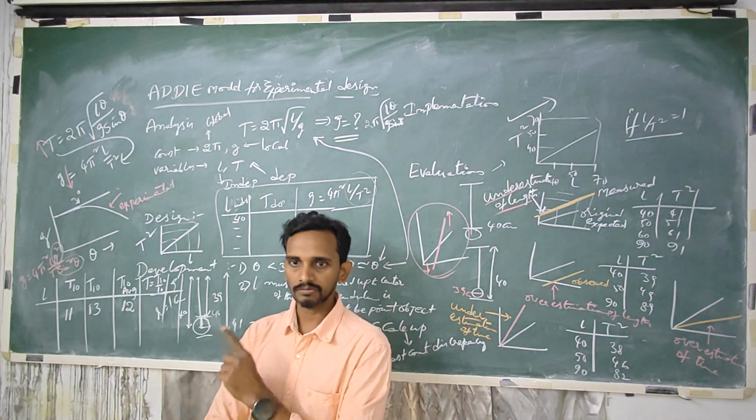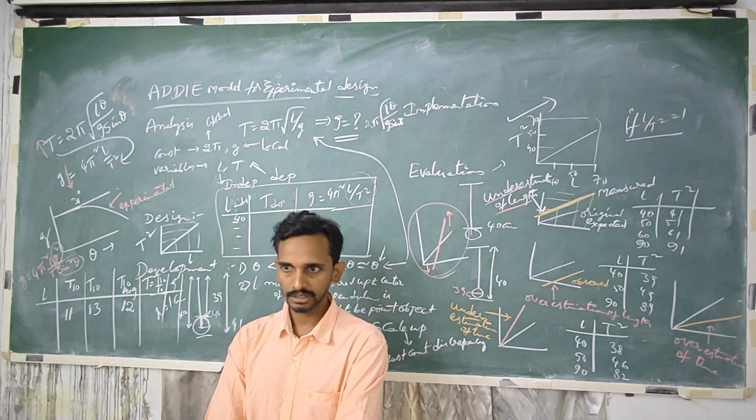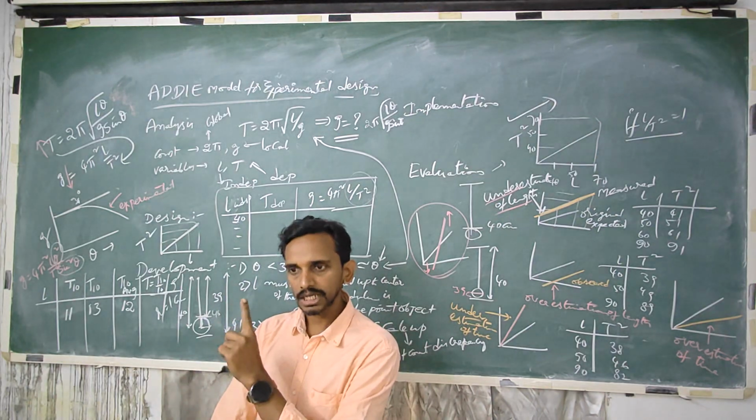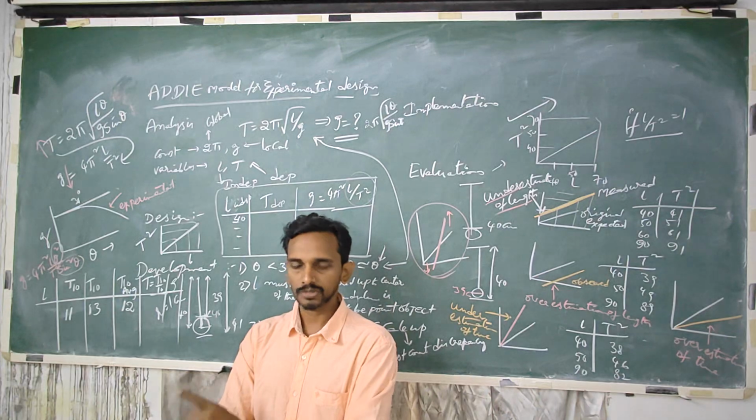That is because you are not measuring the value of g from the experiment directly. You are measuring the time period and substituting it to calculate g.